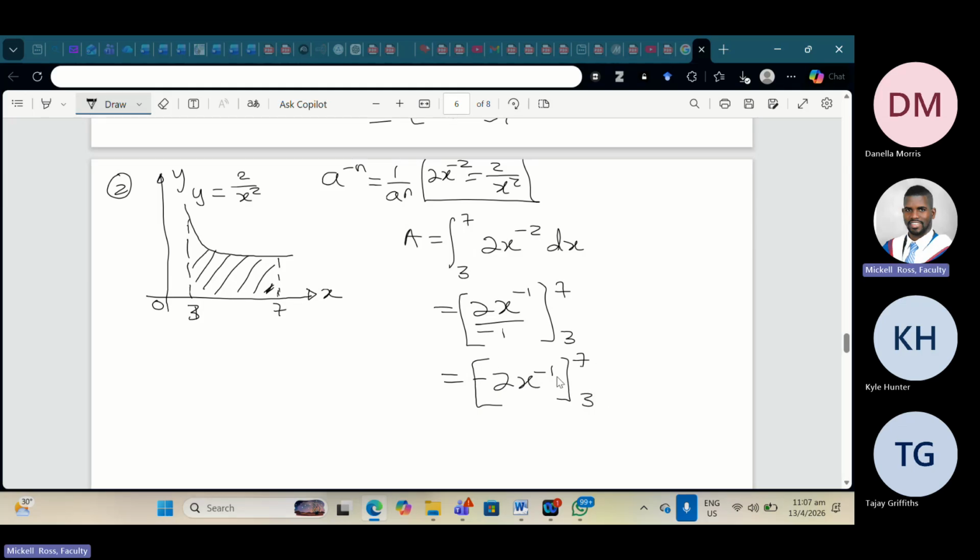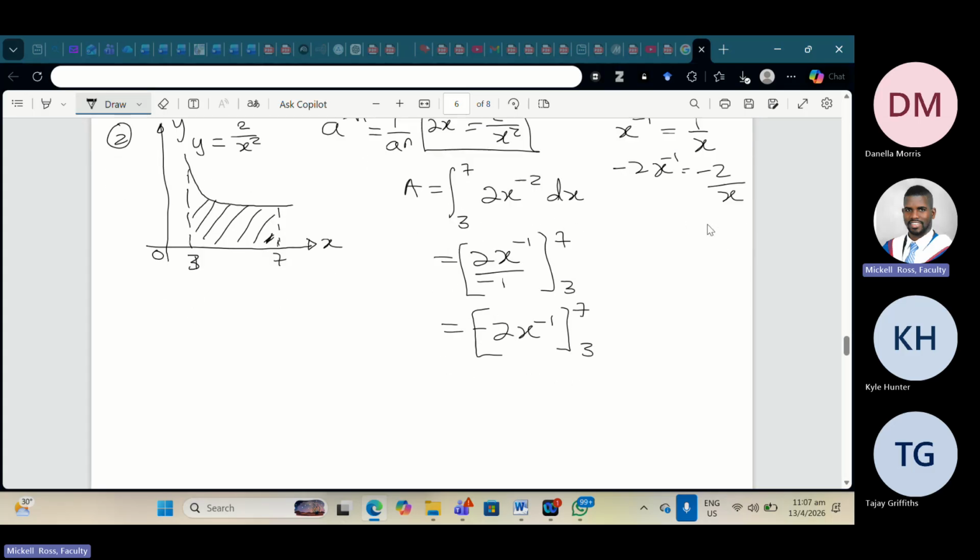You can use this on your calculator. Please note that x to the negative 1 is just 1 over x. So negative 2 times x to the negative 1 is equal to negative 2 over x. This is the same thing.